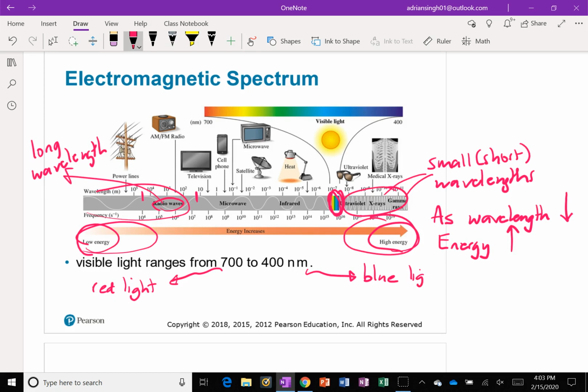So now, because of the difference in wavelength, we can say that because red light has a longer wavelength, it is going to have a lower energy. And then blue light has a shorter wavelength, so it's going to have higher energy. So in other words, the color of light corresponds to the energy associated with that particular color.